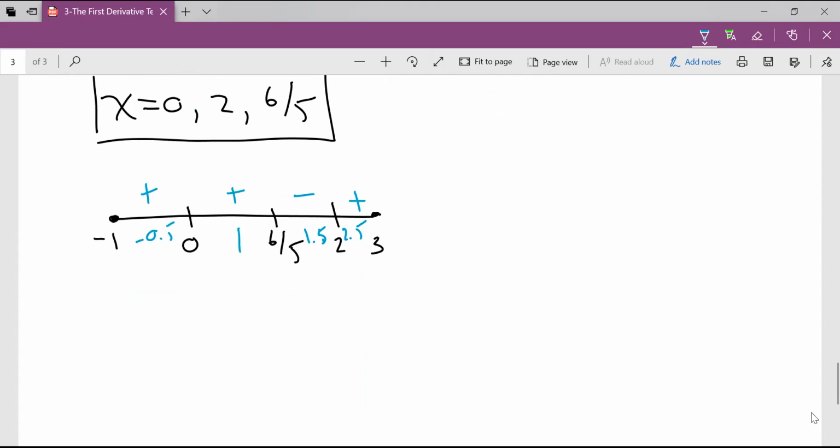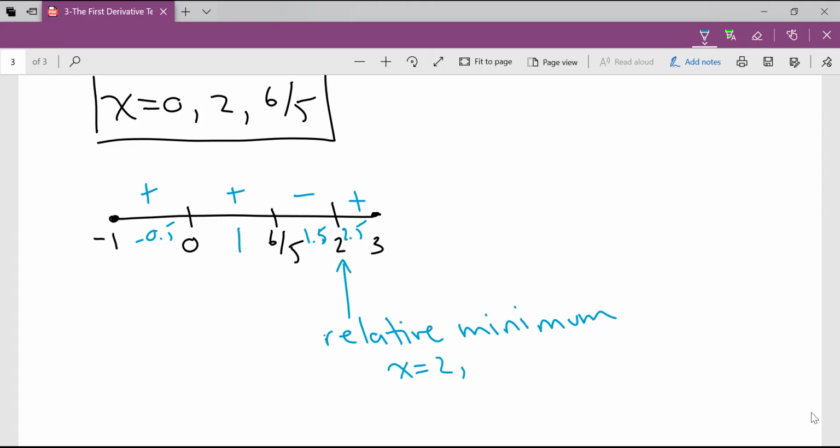Okay, so what's happening here? Well, right here, when x is 2, we went from a negative to a positive. That means we went from decreasing to increasing. That tells me we have a relative minimum here. Now, it might be an absolute minimum, but I don't quite know yet. For sure, it's a relative minimum. So I have a relative minimum when x is 2.